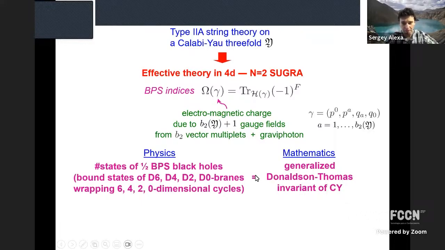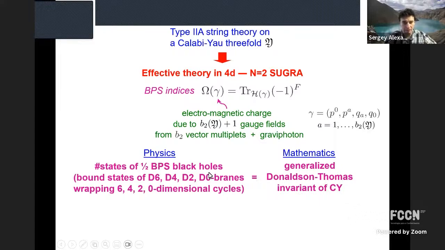And probably at this workshop, I shouldn't explain why these BPS indices are important from the physics point of view, but okay, let me mention just that, of course, they give the entropy of black holes, which we're all very interested in, and also they parameterize the non-perturbative contributions to the effective action, for example. So therefore, they are really important.